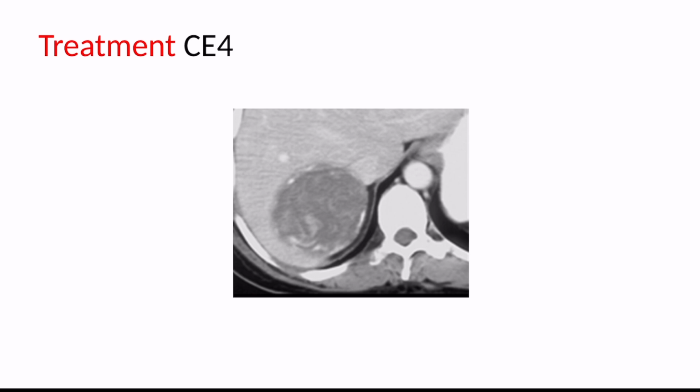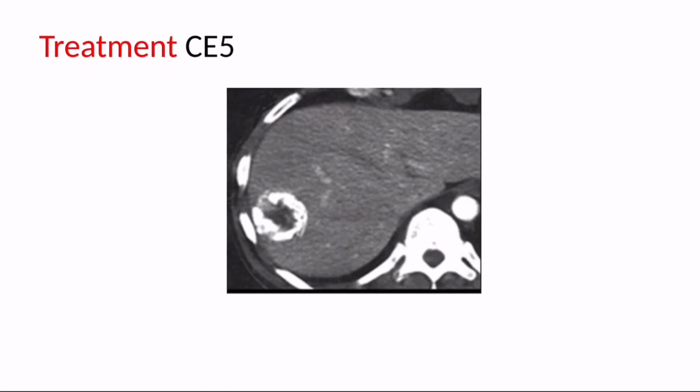In the CE4 stage, there is a lot of solid component, there is no role of interventional radiology. Start with medical treatment, but these stages are mostly inactive features, they are dying cysts, so you can give medical treatment alone in this case and wait and watch. If needed, you can go for surgery.